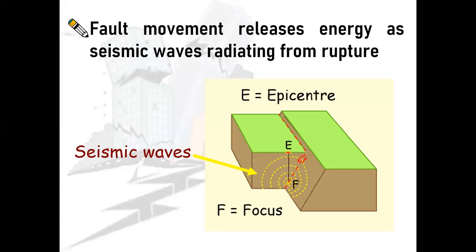So the epicenter is where it started. Okay, it's directly above the focus. You can see these little lines over here, which means that it's spreading in waves. This is energy being released, and it goes moving everything in its way.